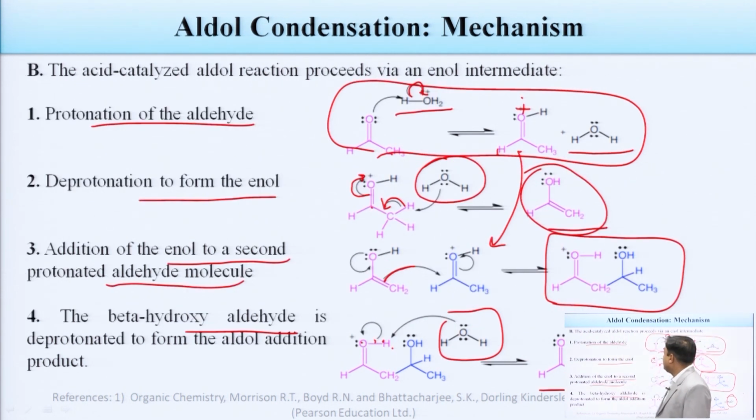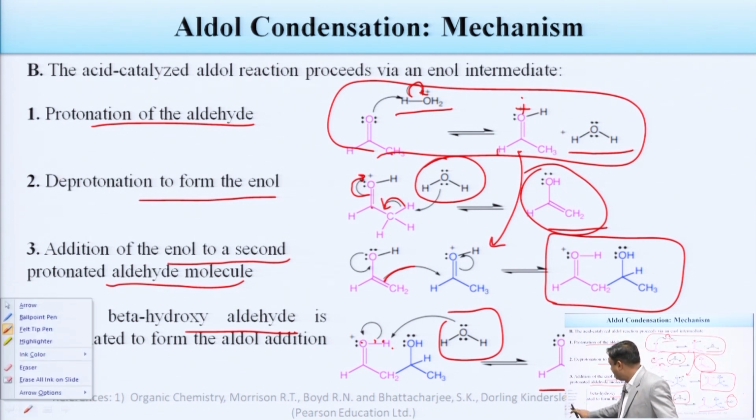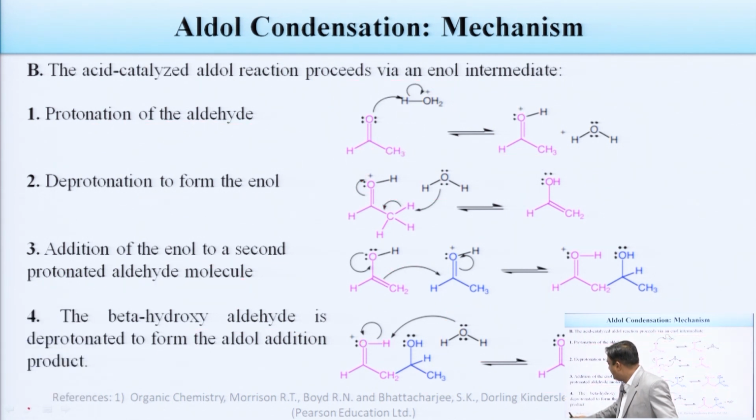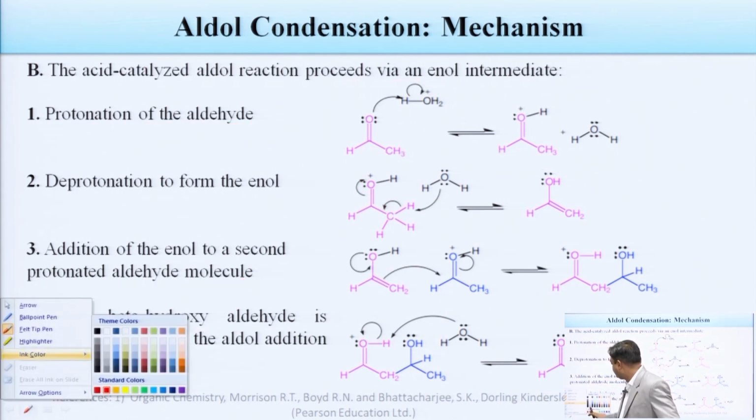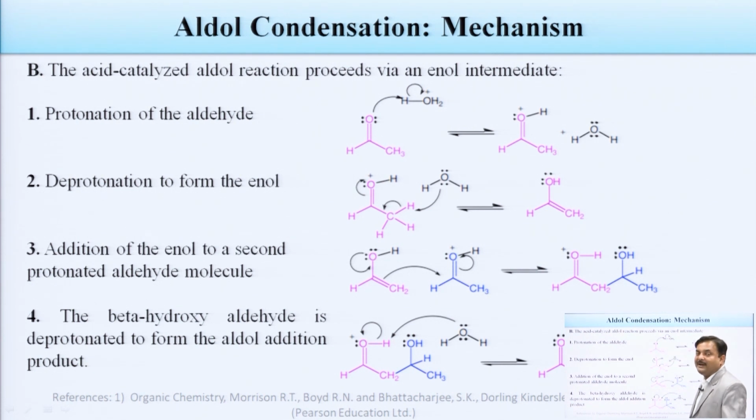The acid catalyzed aldol condensation reaction occurs in the presence of acid. Here there is a little difference in the mechanism. In the previous mechanism, in the first phase the OH minus hydroxyl ion abstracts the hydrogen from the aldehyde. Here you can see the acid molecule gives a proton to the aldehyde or ketone used in the reaction.